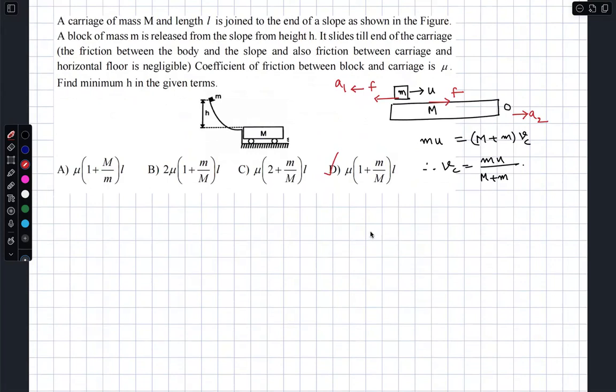Now, whatever you do, S relative must be less than or equal to L. That is the condition. Which clearly implies, if I take V square minus U square is equal to 2AS, and by the way, what is A1? Minus mu G. What is A2?